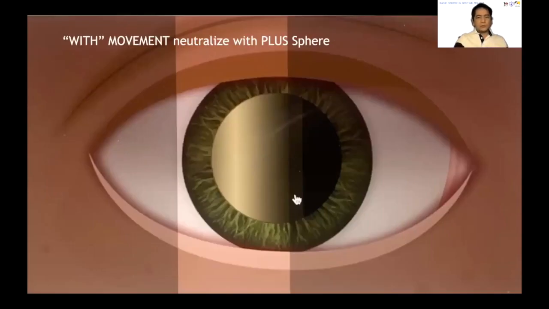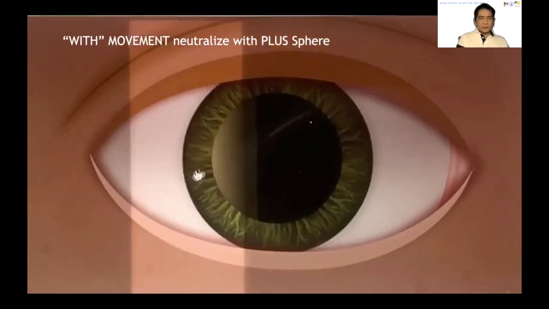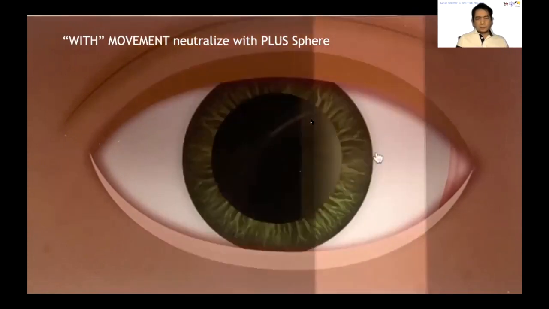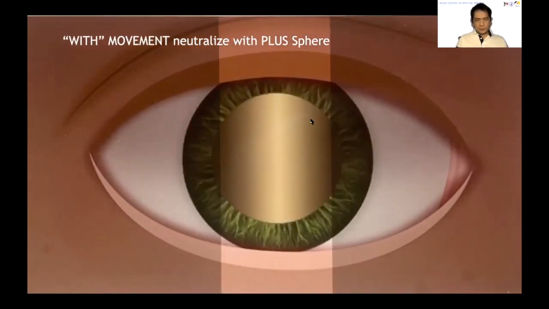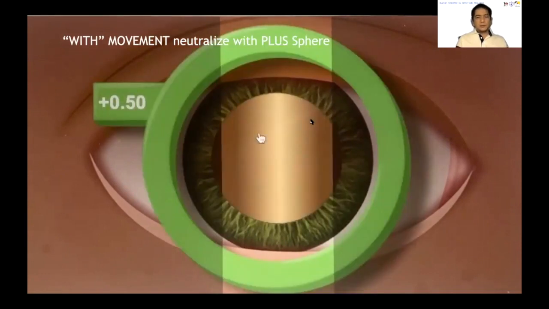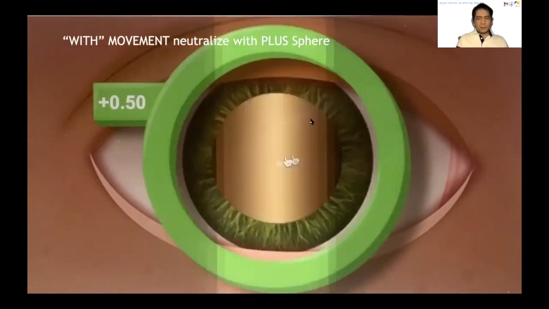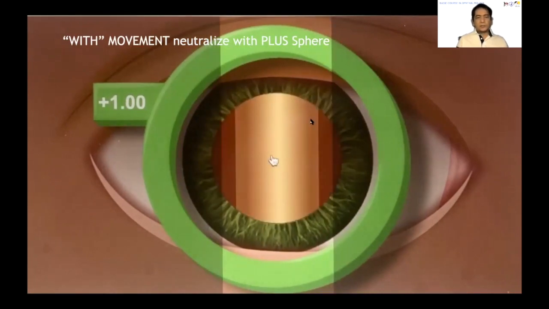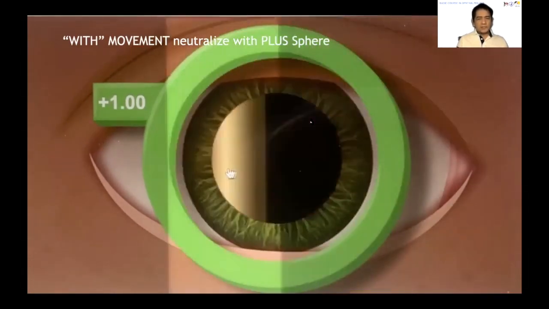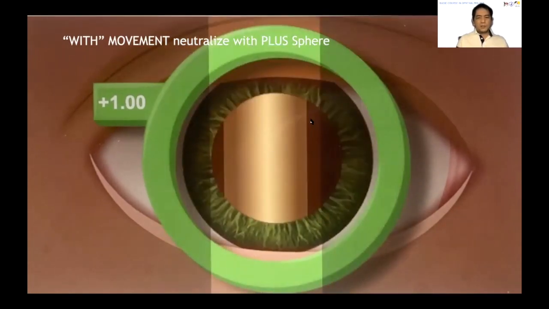Okay, so let's have some video illustration here. Here your streak is vertically positioned. So that's one of the meridians, a primary meridian. It's a with motion. You neutralize it with plus, increasing plus lenses.